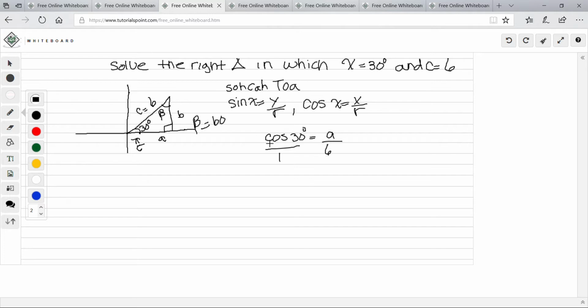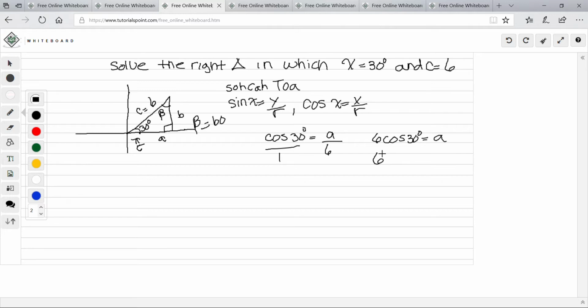And then we cross multiply, right? So you're left with 6 cosine of 30 degrees equals A. So 6, and we know what cosine 30 degrees is from our unit circle.